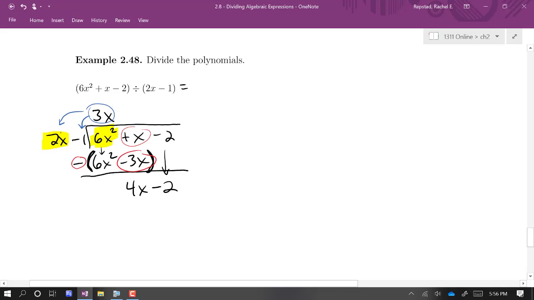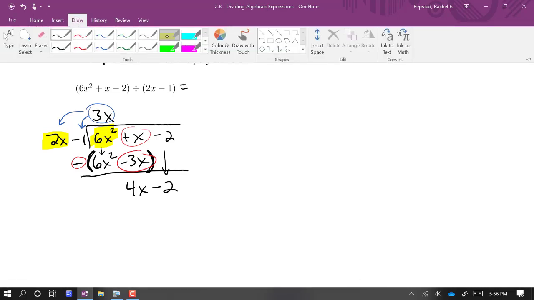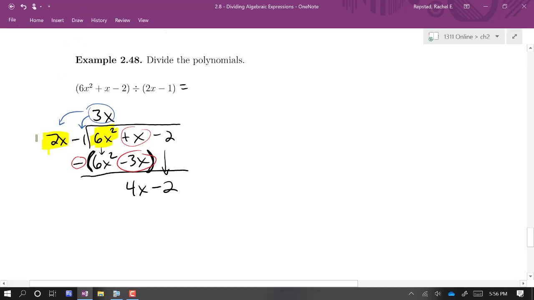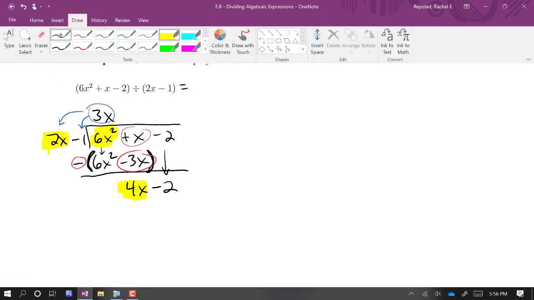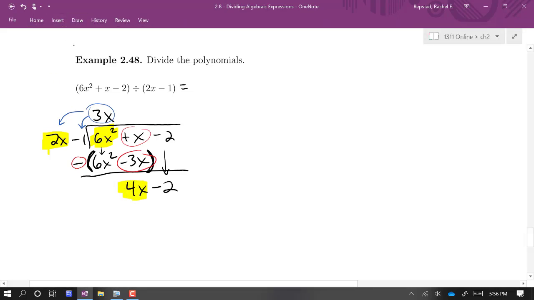Next, we just start the process over again, and we say, okay, well, what do we multiply by 2x to get 4x? The answer is 2, and it's a positive 2, so the next term up here is plus 2. Next, I'm going to take this 2 and multiply.